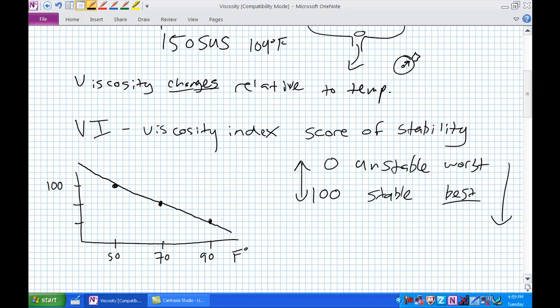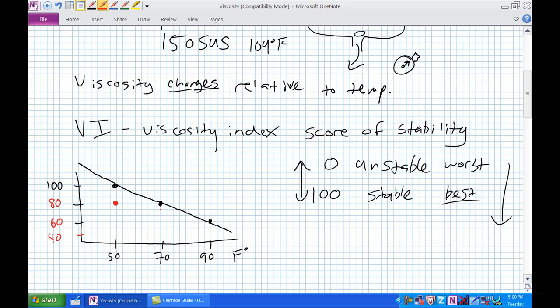Okay? So now substance B comes along, the new and improved version of substance A. Let's say that its viscosity, let's put numbers here. That's 80, that's 60, that's 40. It's naturally a thinner, easier to flow substance at 50 degrees Fahrenheit. That's where it would be.